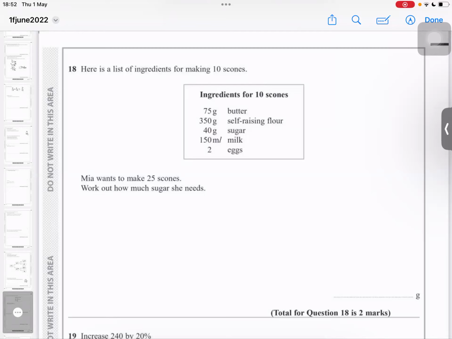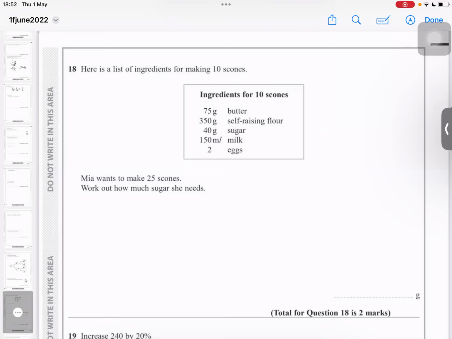Yes. Okay, so you know where I'm going, right? To make 25, we would say what is needed to make 10, plus what is needed to make another 10, plus what is needed to make 5. So that's going to be 40 plus 40 plus 20. The thought process is simple. The 40 grams was needed to make 10.